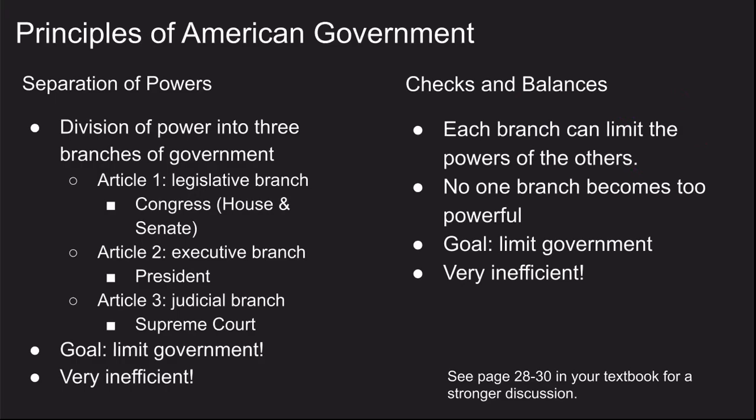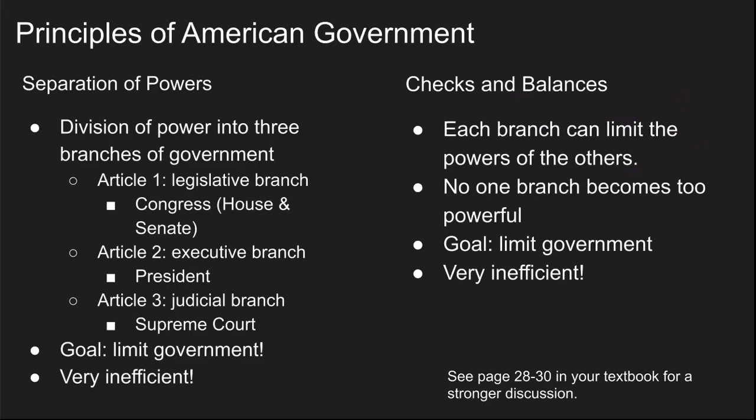The key goal is to give each branch very specific powers so that one branch doesn't have the ability to accumulate too much power. The goal is to limit government. It's also important to note that the separation of powers makes things very inefficient.